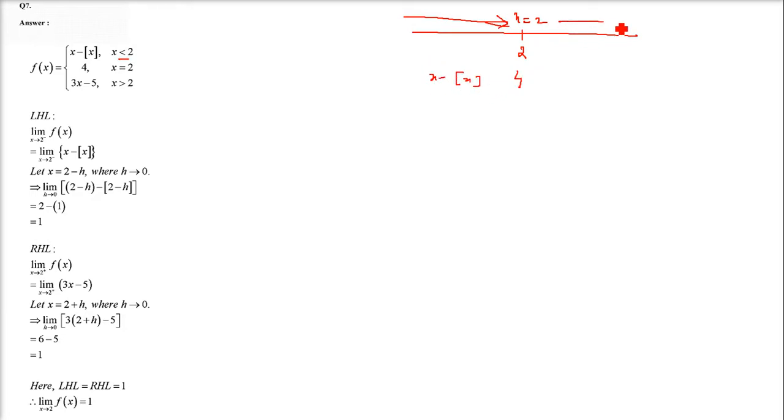On the right hand side, that is x greater than 2, it is going to be 3x minus 5. For the left hand limit we will put a minus h, for the right hand limit we will put a plus h. Critical point a is 2 here. If LHL and RHL are equal, the limit exists. So on the left hand side a minus h, that is 2 minus h, and on the right hand side we are going to put 2 plus h.